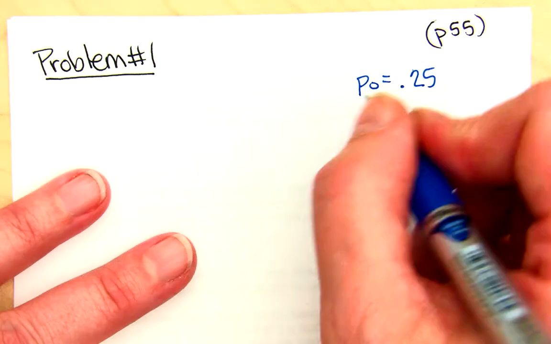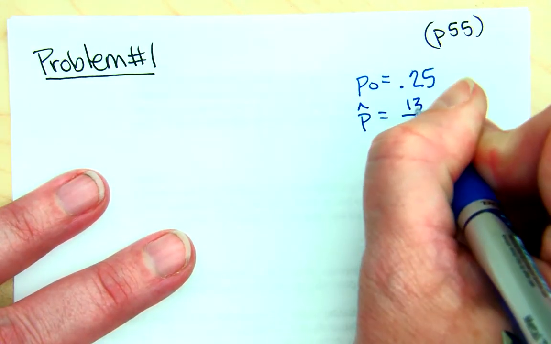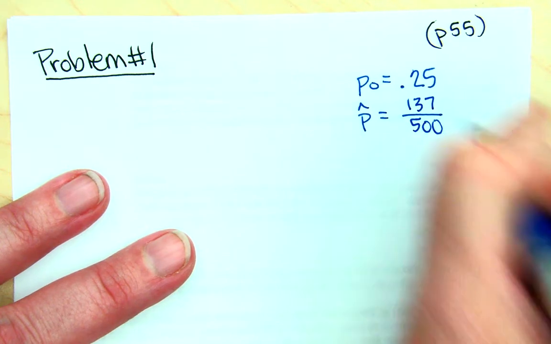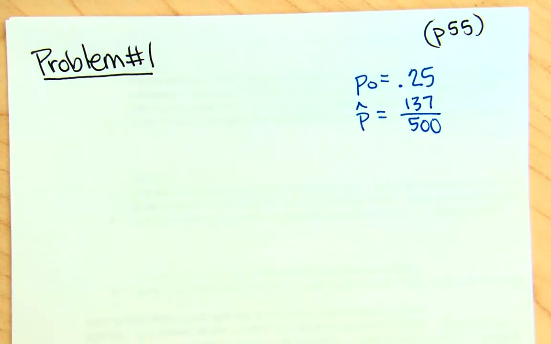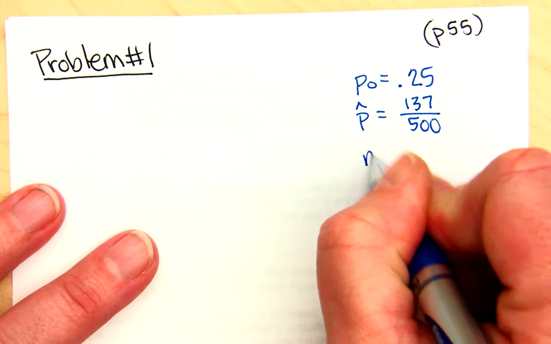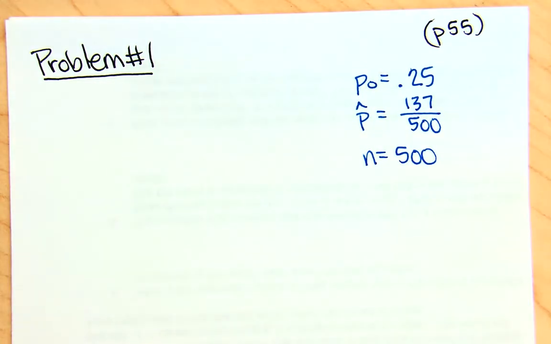In our sample, we had 137 out of 500 who said they wanted to get this online subscription. Our sample size was 500 of their current customers. So this information should be enough to come up with our value.